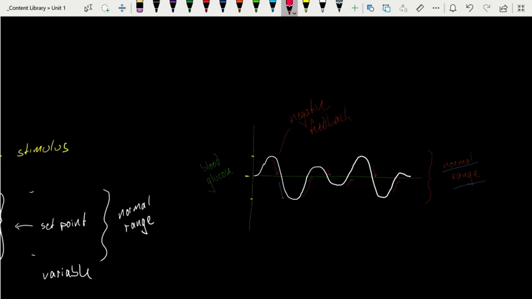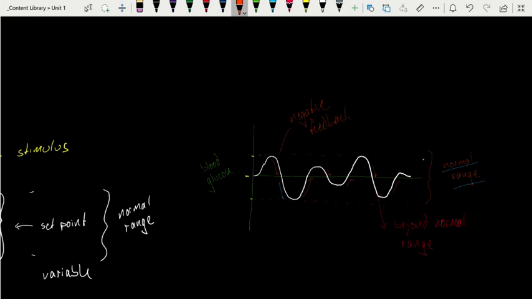However, if we come back over here and we see an instance where I continue to go away from set point beyond normal range, right? We saw normal range here and here.